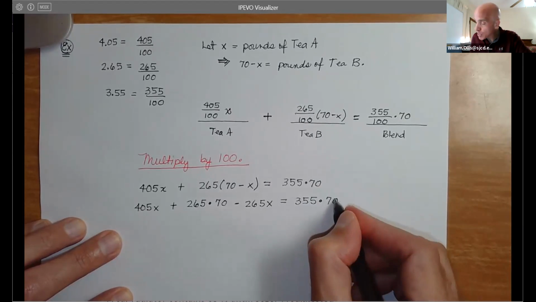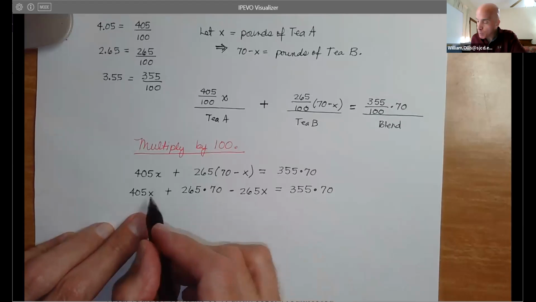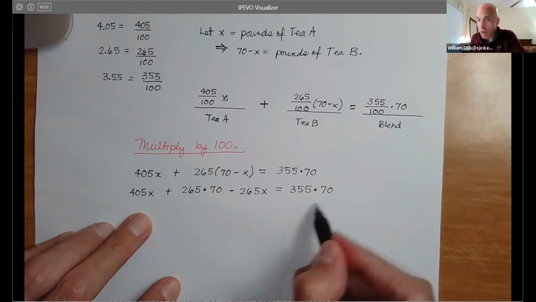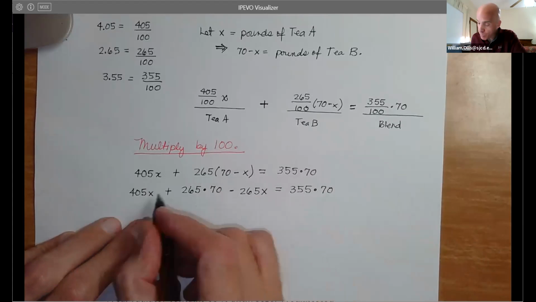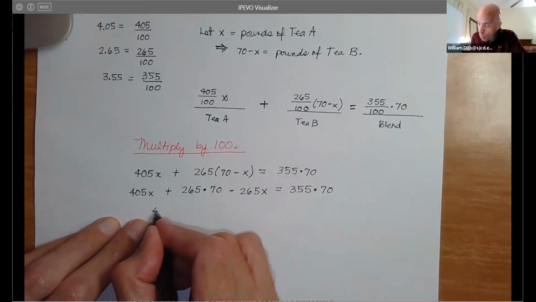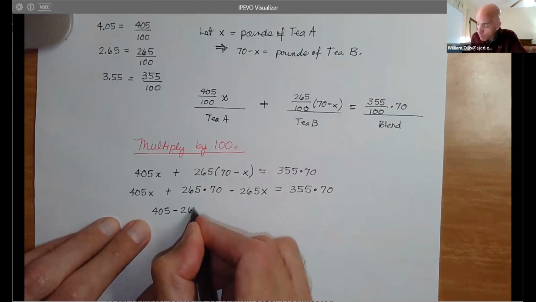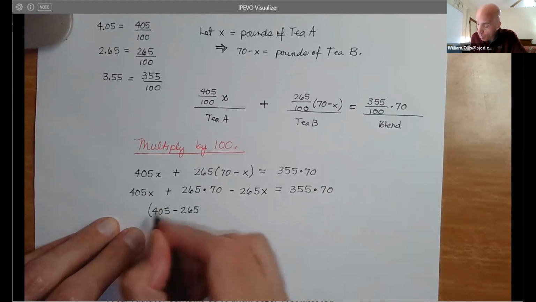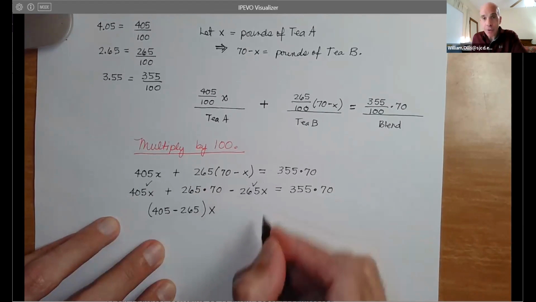Now, just like the last problem, you see this looks just like it. So what we want to do is put our x's together and get all our copies of 70 on one side, treating both of these like variables. So we'll have 405 minus 265 using the distributive law for the x's, putting this guy and this guy together.